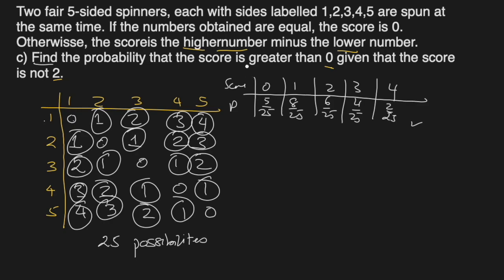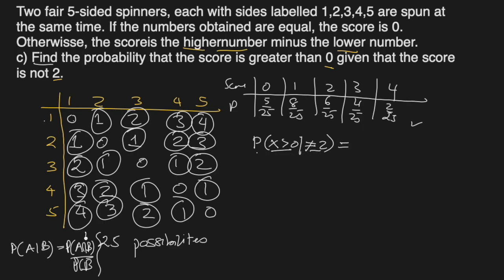Find the probability that the score is greater than 0. Let's call it x. Okay, greater than 0, given that score is not equal to 2. If you remember, our formula for conditional probability is that P(A given B) is equal to P(A intersection B) divided by probability of B. So first of all, we'll see the cases where both conditions hold.